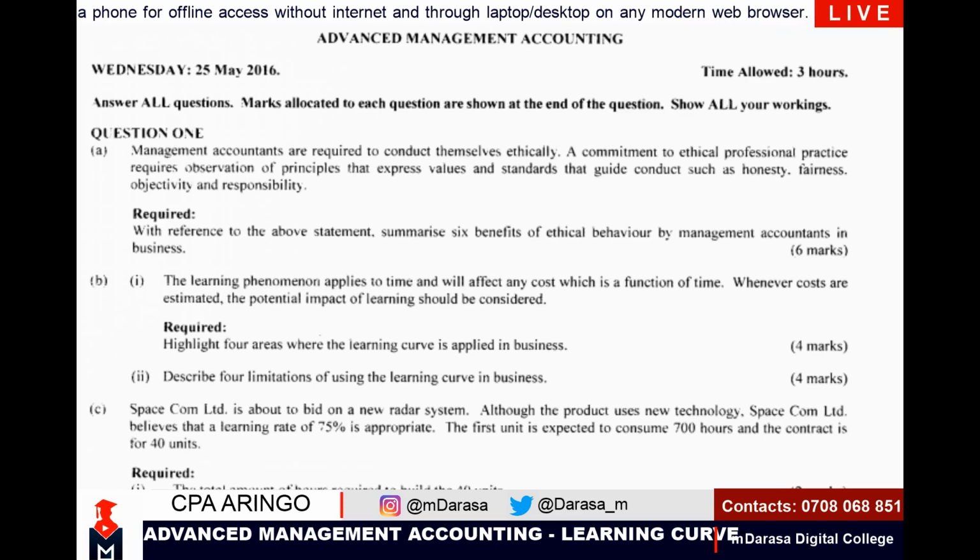Whenever costs are estimated, the potential impact of learning curve should be considered. Required: highlight 4 areas where the learning curve is applied in business.